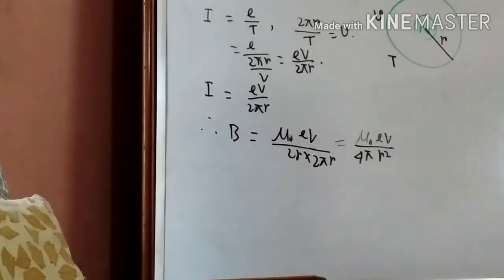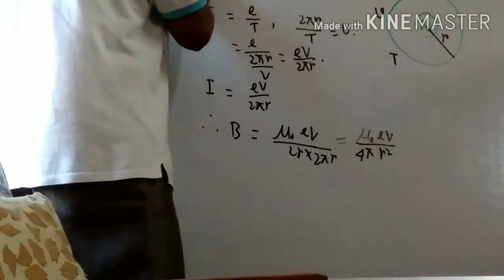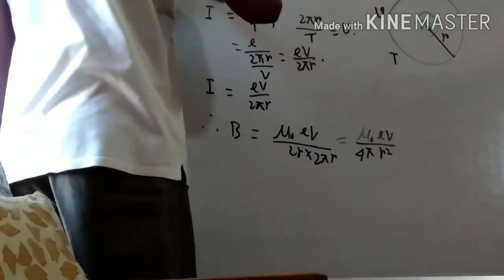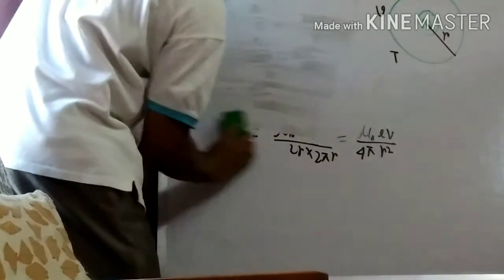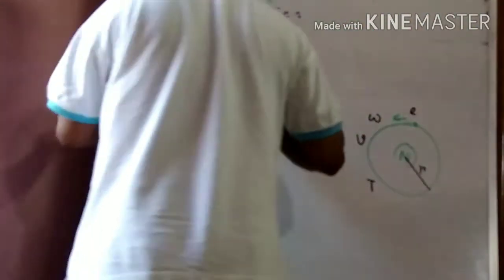So now again, we are going to find the magnetic moment due to angular motion of the electron.